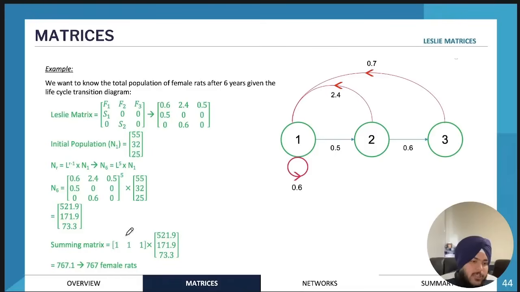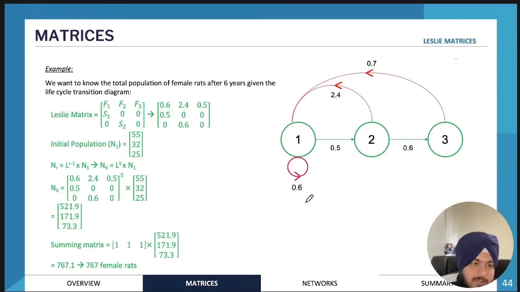Next step is to calculate the individual population of rats in each age group after 6 years. And since we're calculating the total female population of rats after 6 years, you might use a summing matrix to calculate the number of female rats. So very straightforward, very similar to transition matrices.